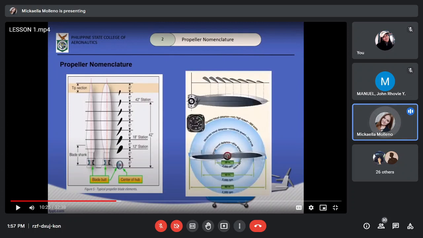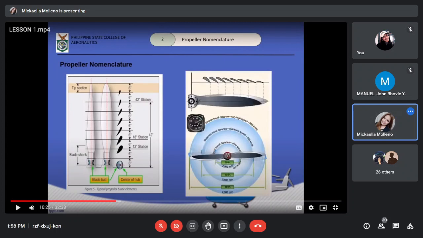So, the more na malalayo siya sa hub and the more na malapit na siya sa tip, doon na sa dulo, mas malayo yung tinatravel niya na distance at the same time kesa dun sa malapit sa ating hub.